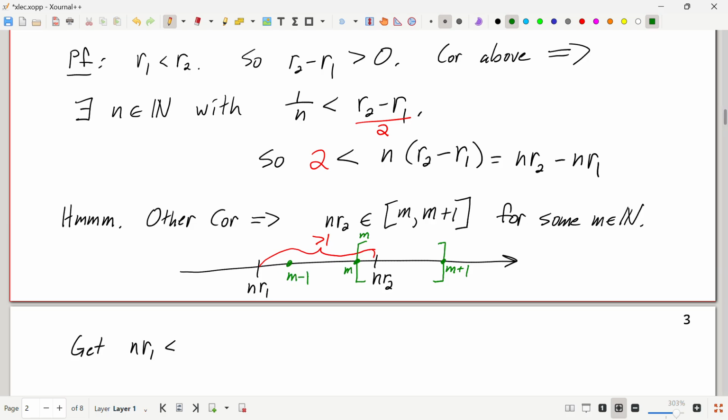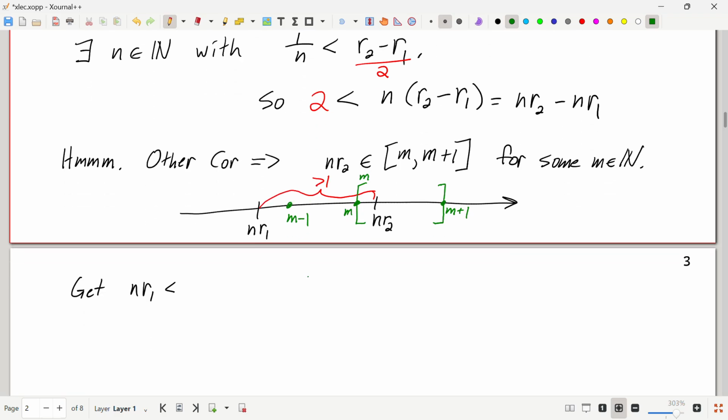Even if I slid m all the way over and made it equal to R2, that one would still be in there. Okay, there's a picture proof. Anything you can prove with a picture proof is true. So I get that 2 is less than that. That's good to know. And so I get that n times R1 is less than m minus 1 is less than n times R2.